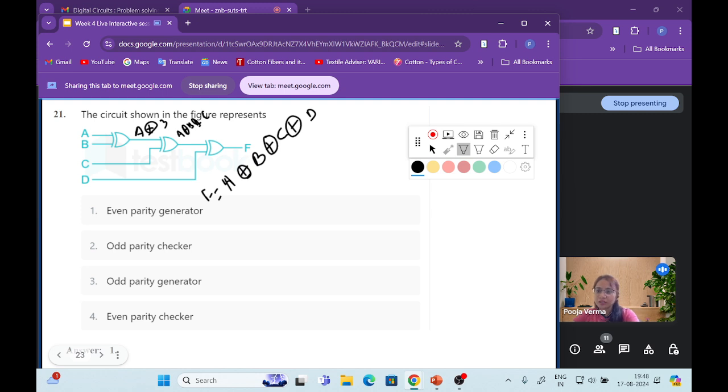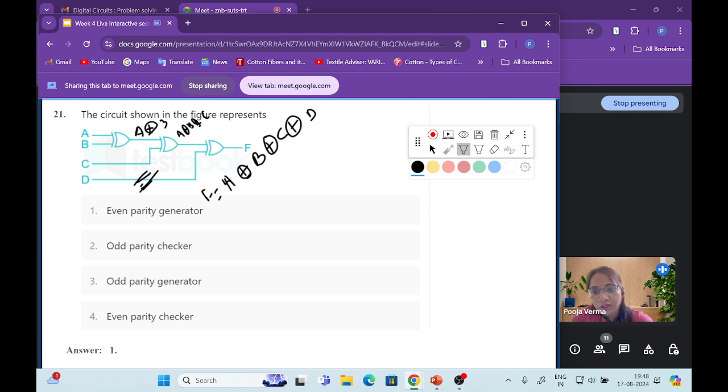First of all, this is a circuit, so it is not checking. It can be checked, but here it is a generator only. So how can we check whether it is an even parity generator or odd parity generator?